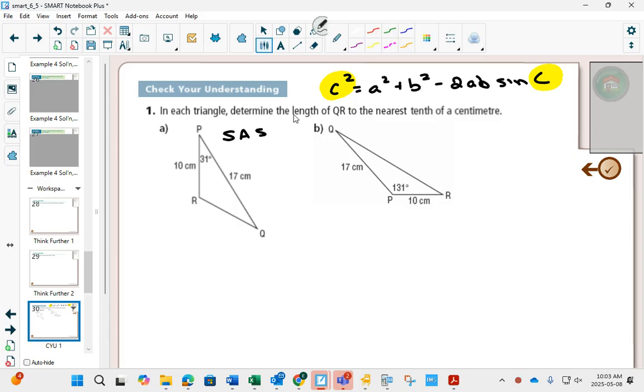So in our question, we want to find Q to R, which a couple of things you could do. You could call this, because it's opposite of the angle P, as little p. So if this is the angle that we're using, its opposite side is little p, that's what goes on the outside.